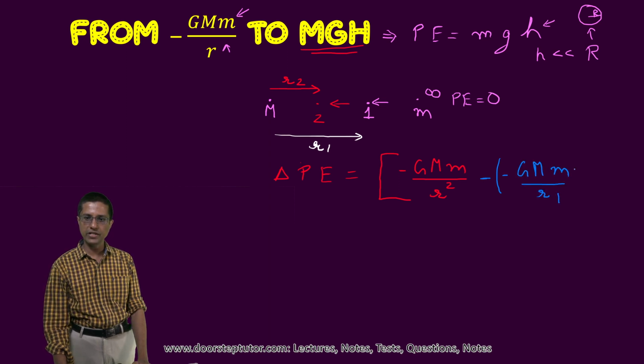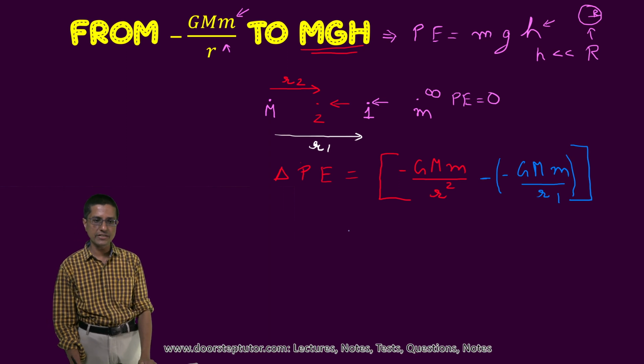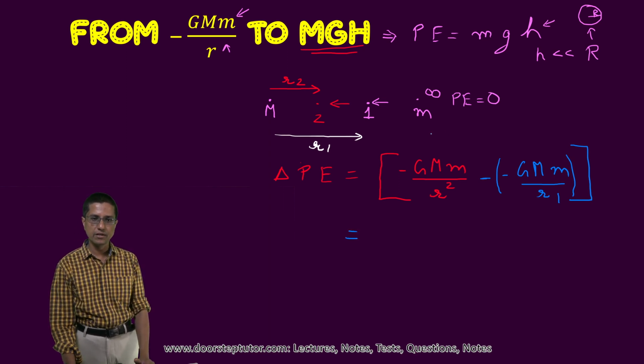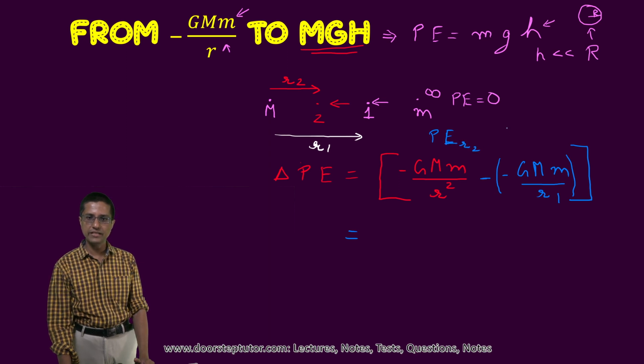So this was the initial condition. Initially we were at r1, then we went to r2, and I'm interested in the difference of these two potential energies, and that's what I have done here. This is the potential energy at r2, and this is minus the potential energy at r1.